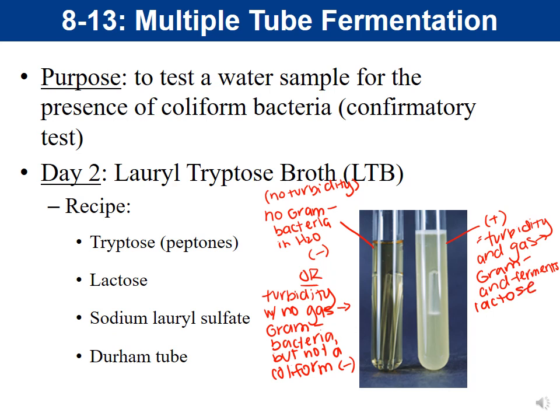So if it grew, right, if it has turbidity and it has gas, what that tells us is it's gram-negative because it grew and it was able to ferment lactose to produce gas. So notice that the Endo agar allows us to detect the acids. The LTB allows us to detect the presence of the gas. And so if it grew and it has gas, that would be a positive in the LTB.